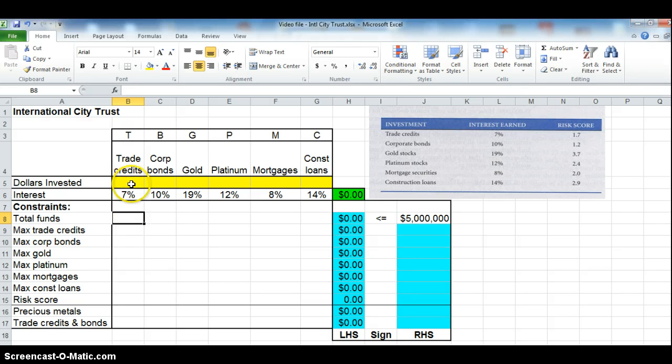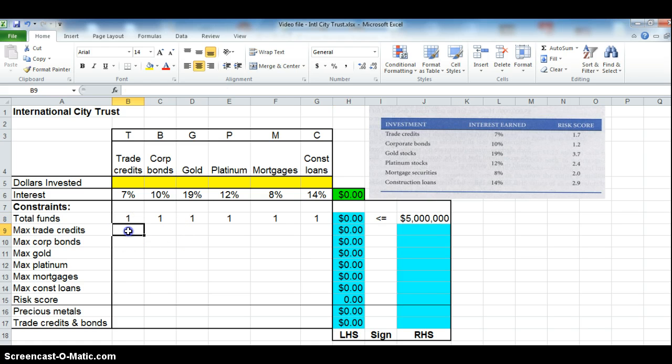So however much we invest in trade credits, I'm going to fill in a 1 here, multiplied by however much we invest in corporate bonds, multiplied by 1, plus however much we invest in gold, multiplied by 1. I'm going to fill 1s all the way over, because really what I'm doing is using them as a surrogate value for the dollar invested amounts from up here. The amount that we invest in all of those instruments has to be less than or equal to $5 million.